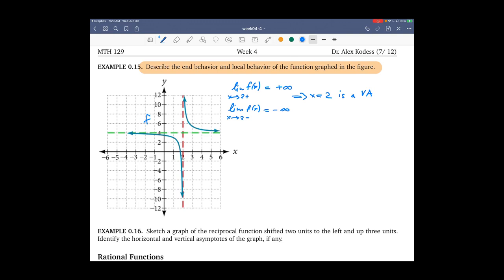Now it also appears that y equals 4 is a horizontal asymptote. Why is that? That is because a limit at, say, positive infinity appears to be 4. It looks like our graph approaches the horizontal line y equals 4.